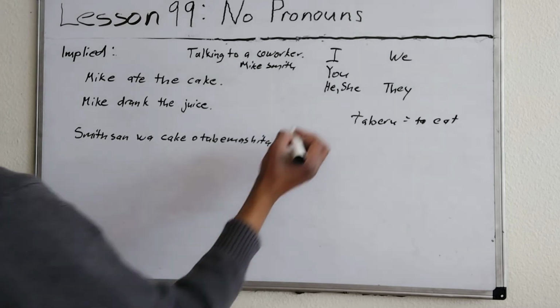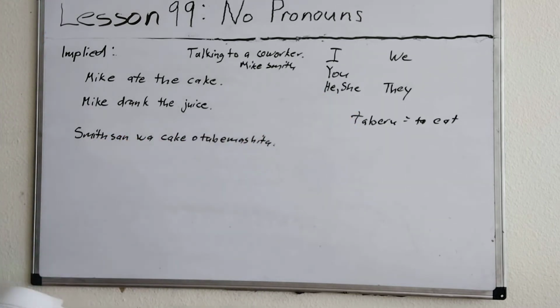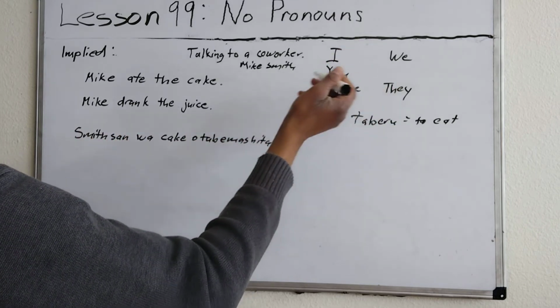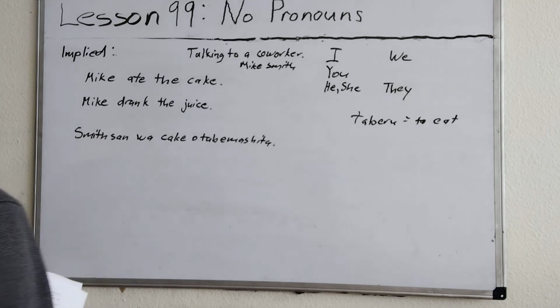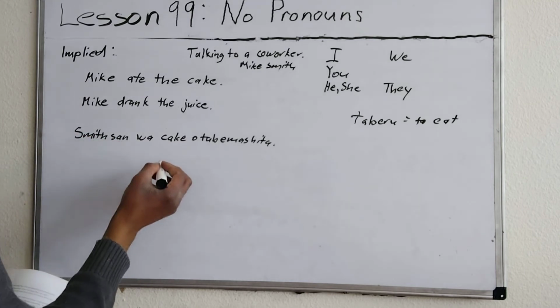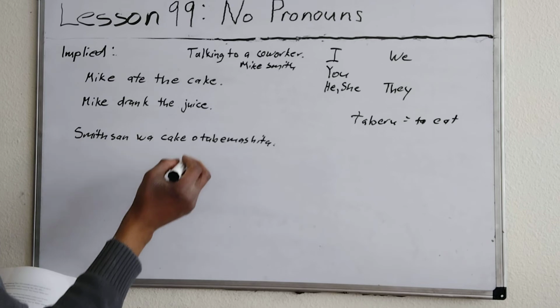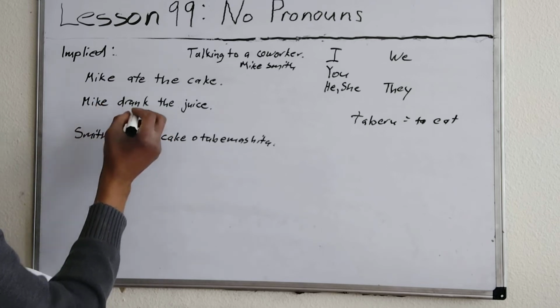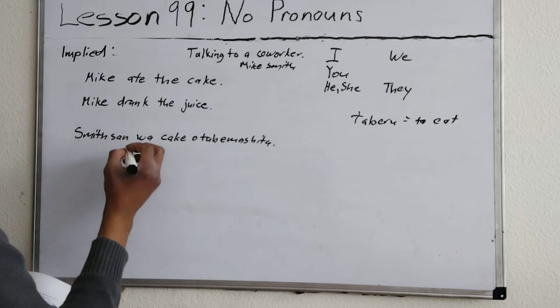Okay? We would not say he, we would say Smith-san. Generally, you use a person's name instead of pronouns. You know, just speak to who they are. So you would say Mr. Smith ate the cake.